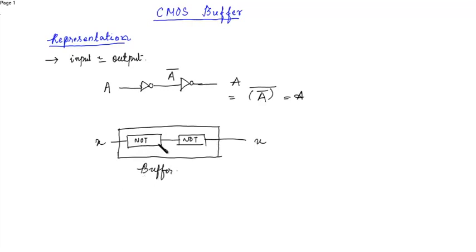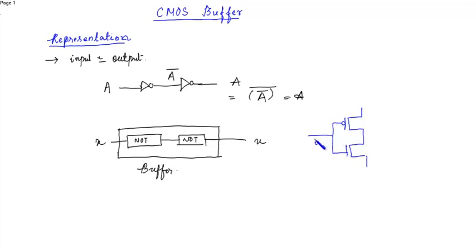Now when I want to represent a NOT gate, I represent it like this. This is my PMOS, this is my NMOS. This is my gate terminal.